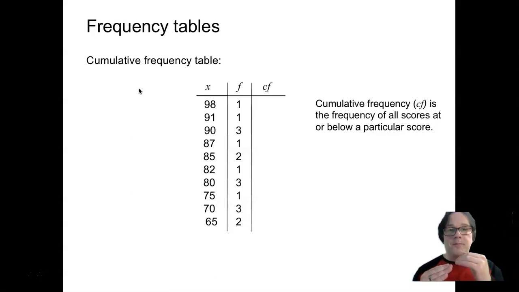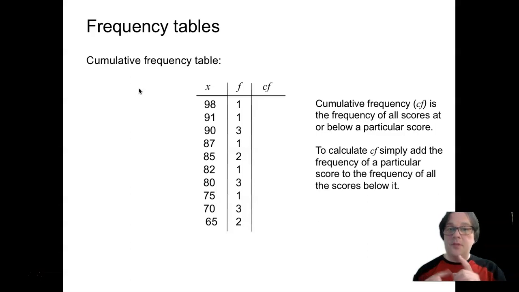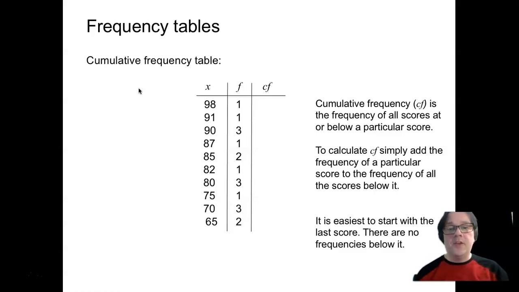To calculate cumulative frequency, we add up the frequency of a particular score to the frequency of all the scores that are below it. Let's see that in motion to get a better understanding. It's easiest to start with the last score because there are no frequencies below it.